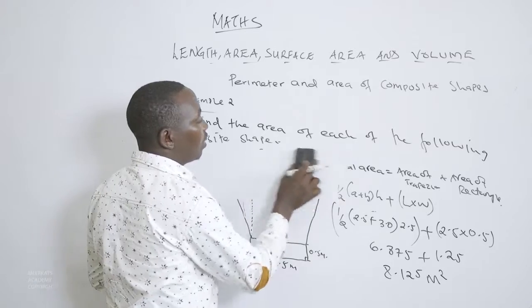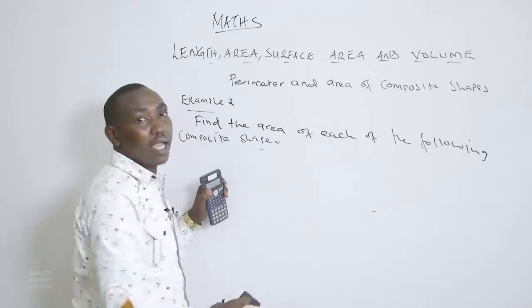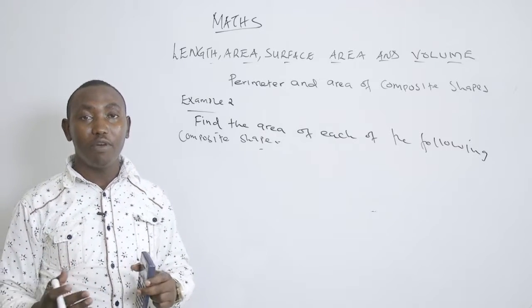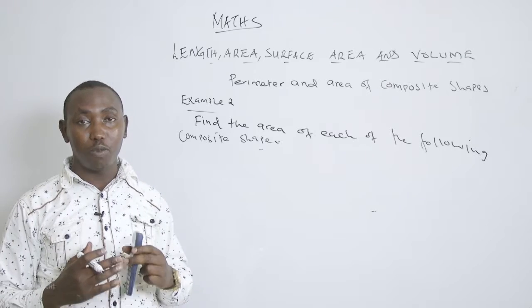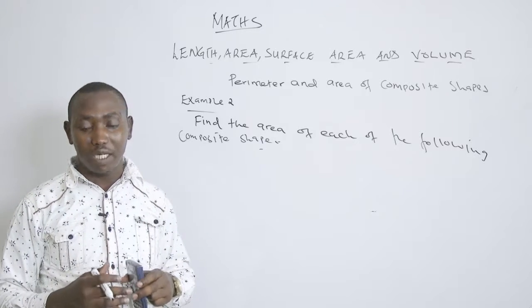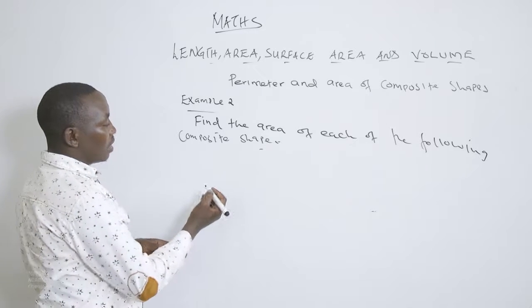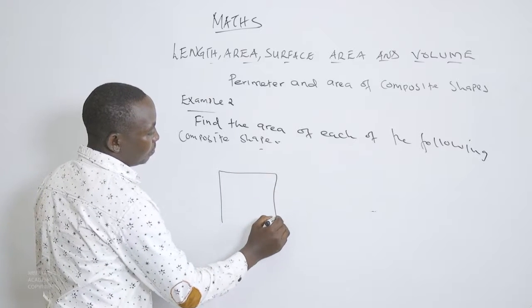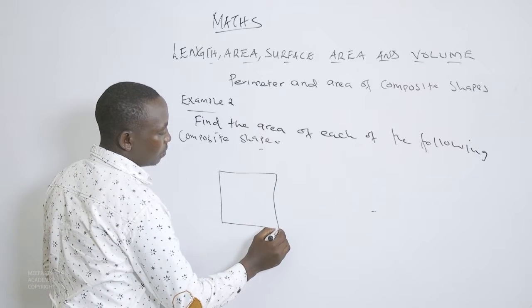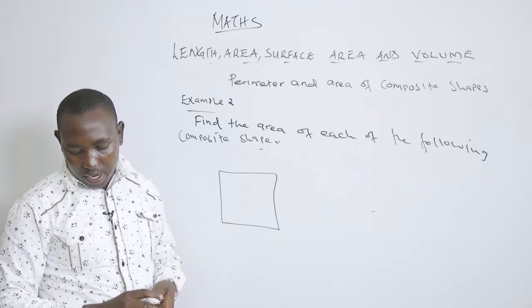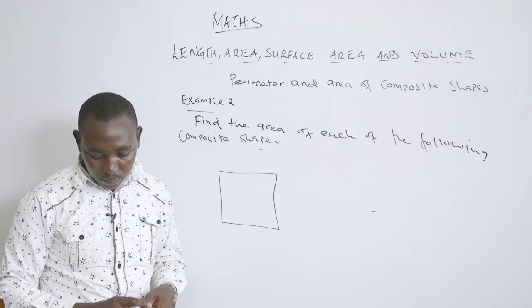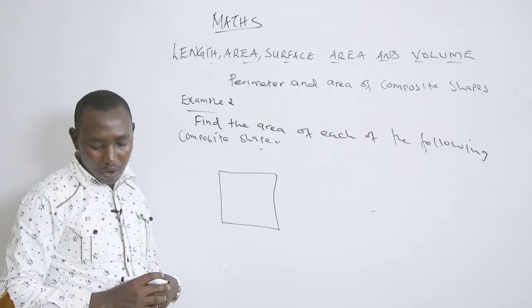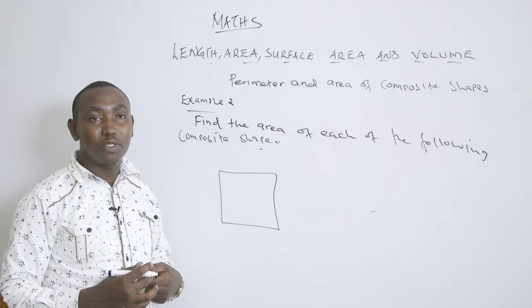Part C of the question, we now want to consider a case where we are going to subtract a particular known shape from a composite shape for us to have the total area of that particular shape. Now we have a square, and on this square of ours we have some parts that have been added. We also have some parts that have been subtracted.